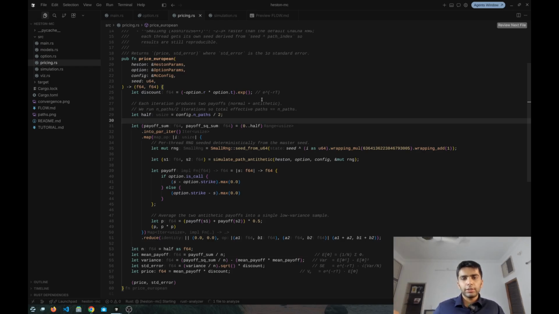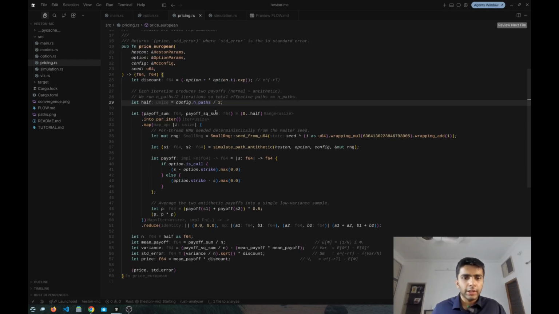Then the mirror image of that path will give the price as underpriced. So if there is any noise in both of them, then they'll average out and cancel each other. That is why we call it variance reduction. And remember, all those paths are random, so averaging all those negatively correlated random paths simply gives us the best average by cancelling out the noise.